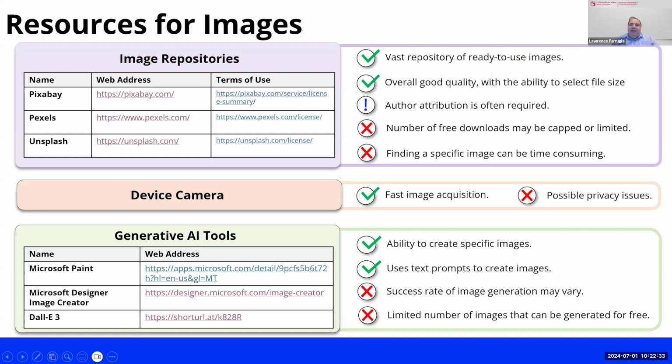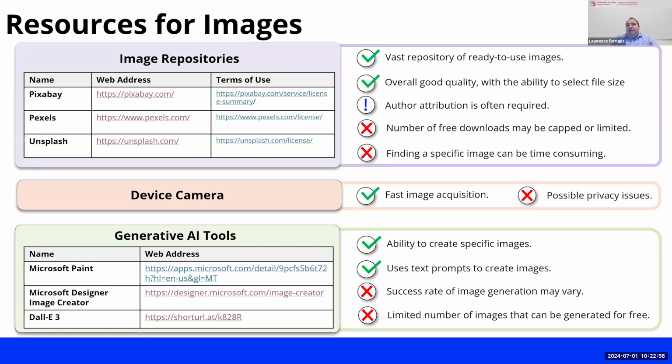And this is why I have underscored here using existing images as a template, okay? Because using existing images, which is something you can do in Microsoft Designer and in other generative AI tools, can provide you with a good starting point in creating the image that you have in mind.